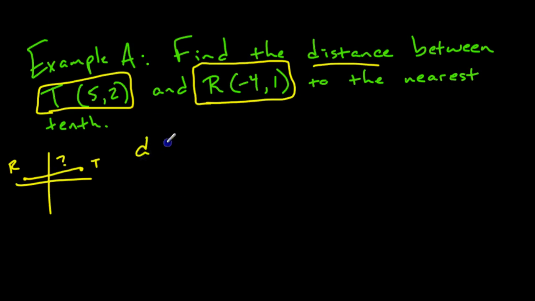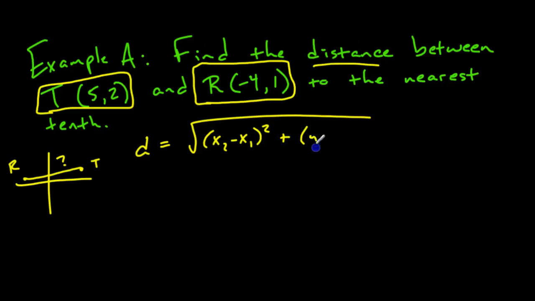All right, so distance equals, we said that was x2 minus x1 squared plus the difference of the y values squared. We're going to fill in what we know. We got to assign one of them our first point and one of them our second point. So TR, the distance of TR. Let's go ahead and call T our first point and R our second point.